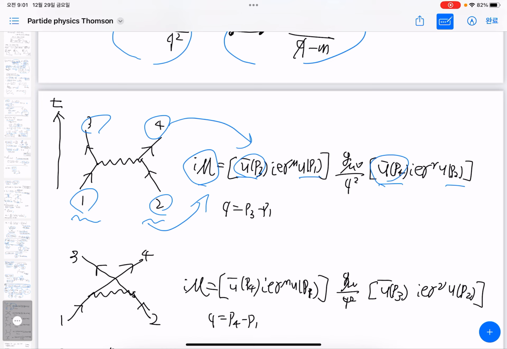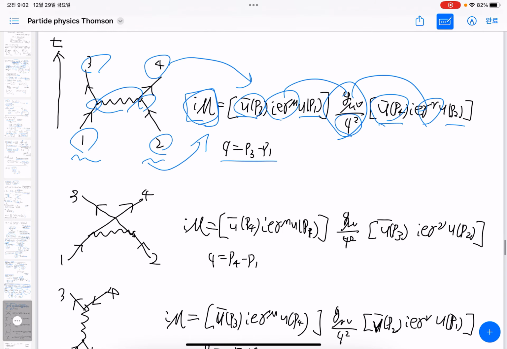There is the momentum transfer here, the photon propagator, and the vertices here and here, and all these amplitudes are Lorentz invariant by the contraction between the indices mu and nu. This is a U channel exchange of 3 and 4, so the locations of 3 and 4 are exchanged compared with the previous one.